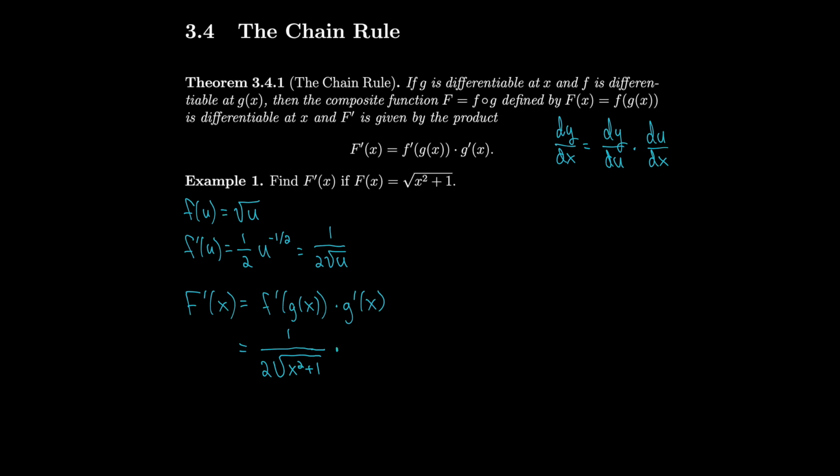So I multiply by the derivative of g, the derivative of what I put inside. So it's the derivative of x squared plus 1, which is just 2x. So then this simplifies to x over the square root of x squared plus 1 when we cancel out the 2's.